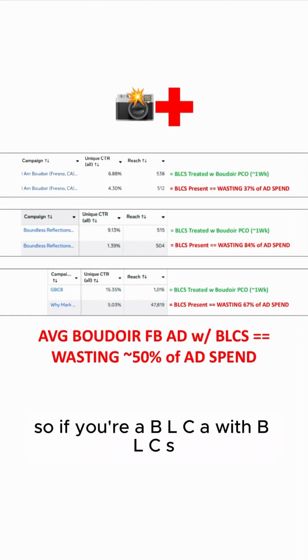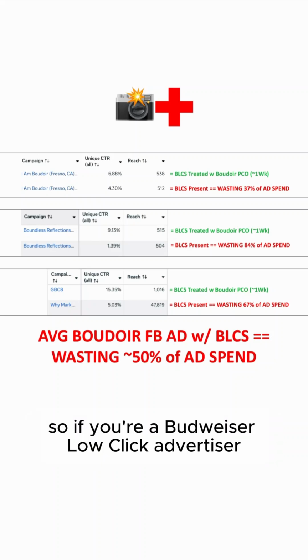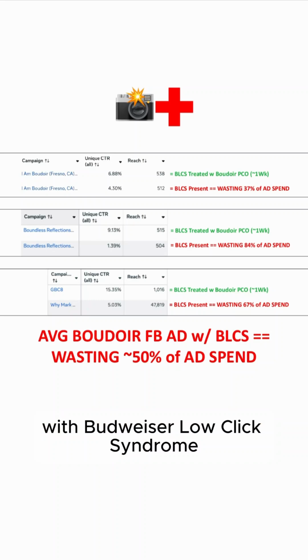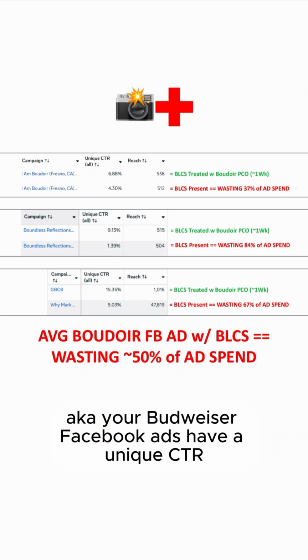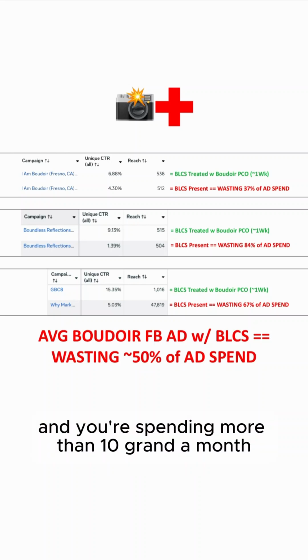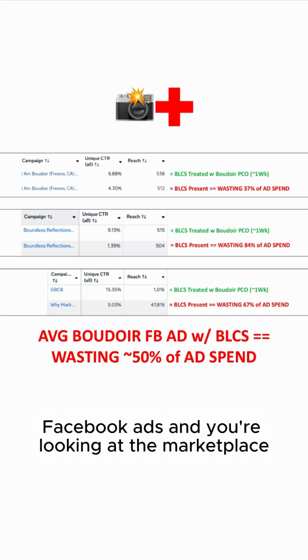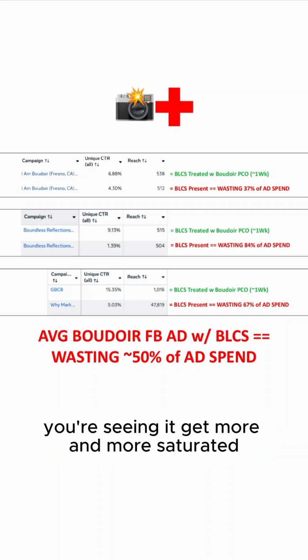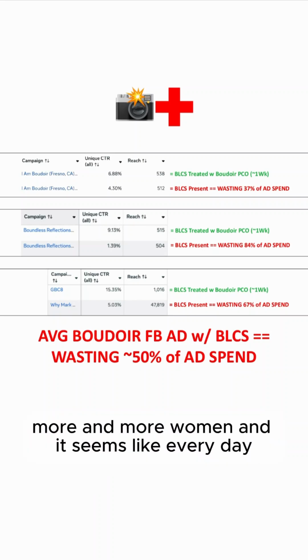So if you're a BLCA with BLCS, a Boudoir low-click advertiser with Boudoir low-click syndrome, aka your Boudoir Facebook ads have a unique CTRL under 6%, and you're spending more than 10 grand a month on Boudoir Facebook ads, and you're seeing the marketplace get more and more saturated in your city, more and more women.